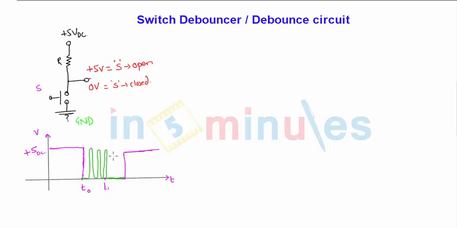It is a push switch, or you may call it a reset switch. So this is actually a reset switch. We have to use it for a very short interval of time to reset the circuit. So we are resetting it to 0, and it will bounce multiple times.